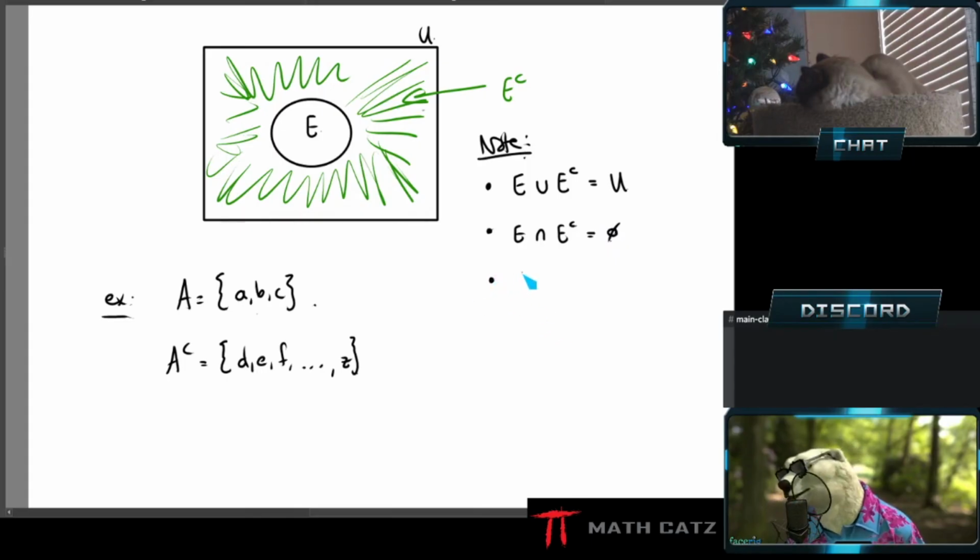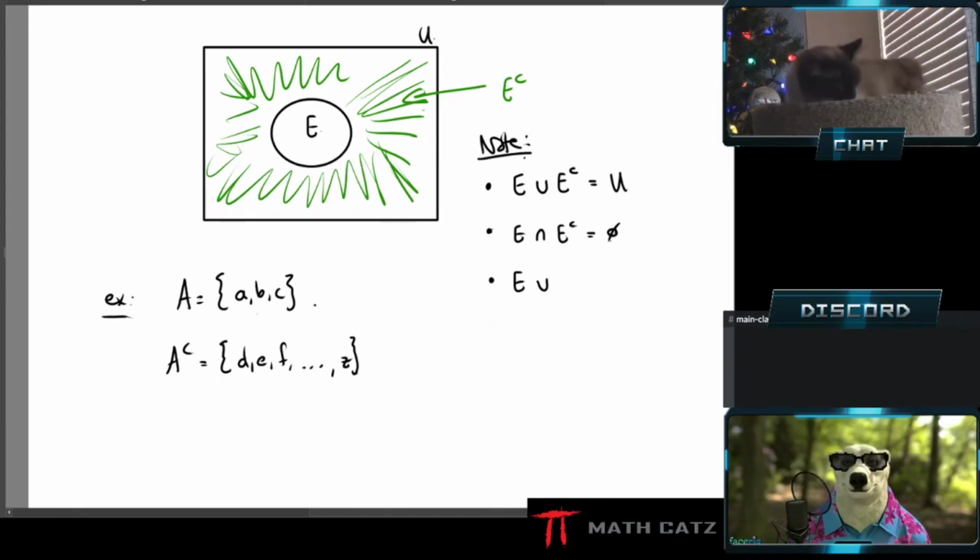Let's take a couple more. If I take any set E with the universal set, any set E intersection, no, sorry. I don't think that's necessary here. We just need the complement now that I think about it. Yeah, this is enough.